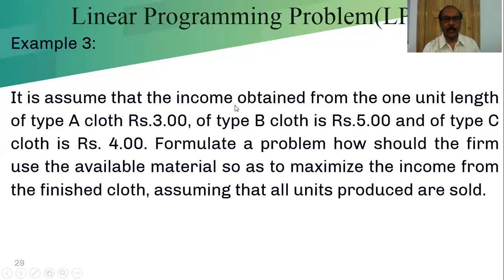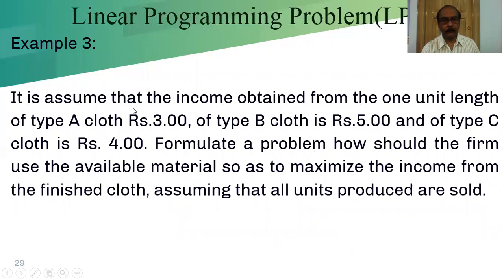It is assumed that the income obtained from 1 unit length of type A cloth is rupees 3, type B cloth is rupees 5 and type C cloth is rupees 4. Formulate the problem. How should the farm use the available material so as to maximize the income?